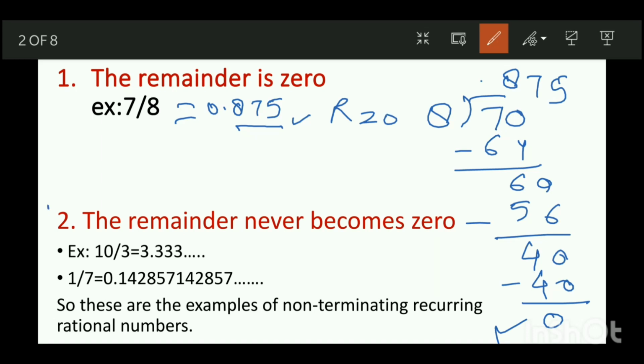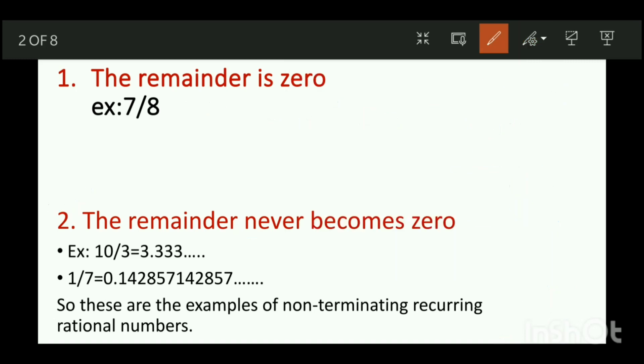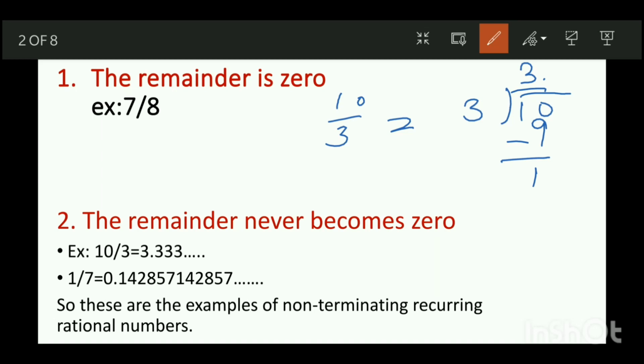Another form is where the remainder is not 0. Just take an example, 10 by 3. When we divide 10 by 3, 3 3s are 9, minus, we get remainder 1. Now put decimal, add 0. 3 3s are 9.